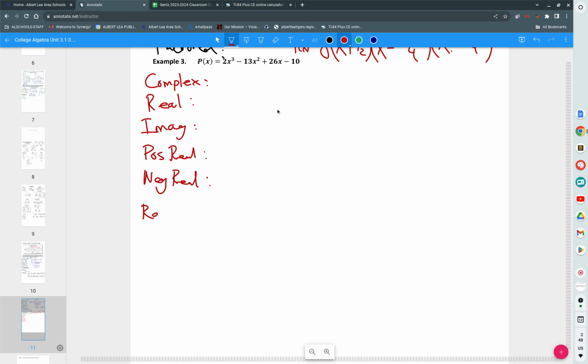We have our rational root choices. We have our total solutions. And we have our factored form. Okay, how many complex solutions do we have? 3.